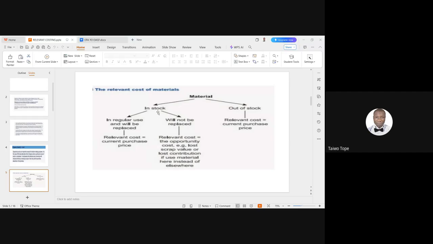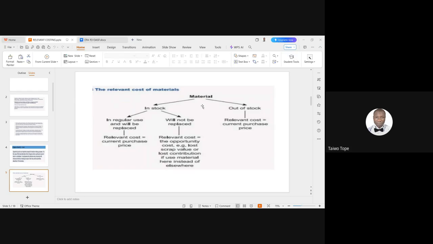Yes. So based on this slide, we're talking about the relevant cost of materials. You ask yourself, is the material in stock? If the material is in stock, you ask yourself, is the material in regular use? If yes, the relevant cost will be the replacement cost, or the current purchase price, or the buy-in price.